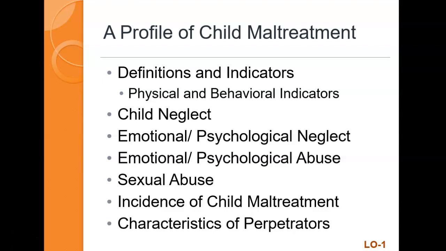For example, we know that in 2017 there were 4.1 million referrals involving 7.5 million children across the United States. We also know that about 2.5 million referrals received a response from Child Protective Services.